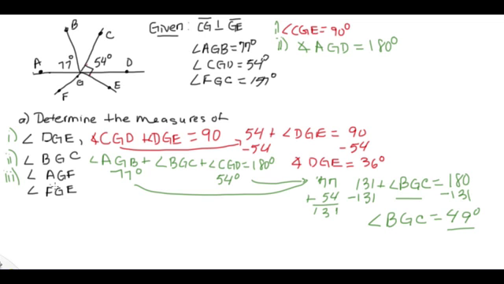Okay, this next part, AGF. So we know that FGC is given, and FGC equals 157 degrees.